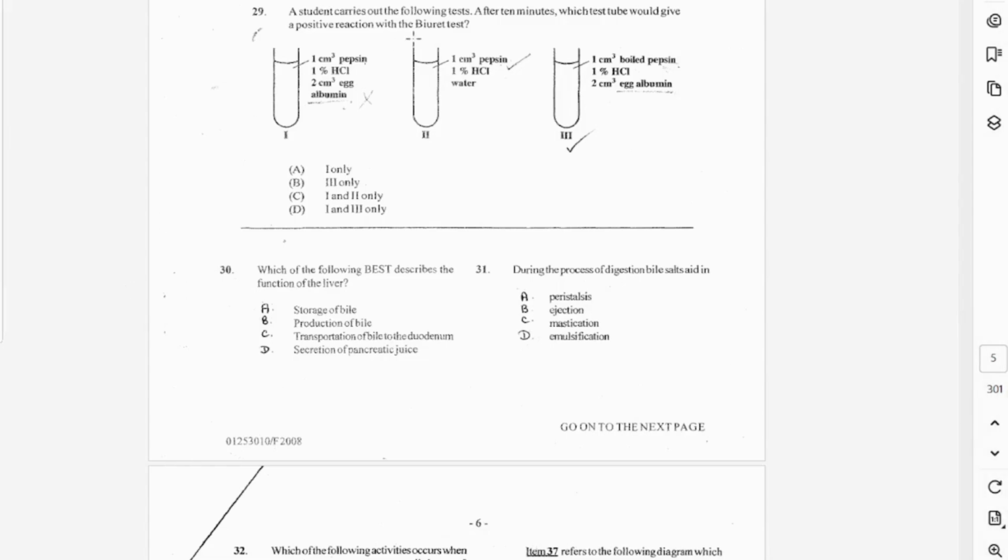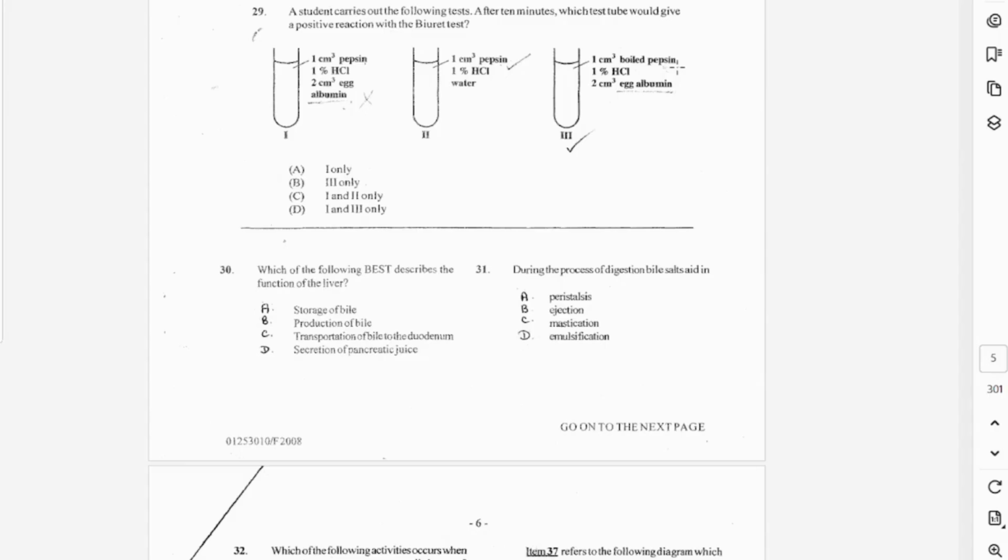So what that means is, in this one, we're not going to have proteins, but in fact, they said 10 minutes, so we're assuming by that time, the 2 cm cubes of egg albumin will be broken down completely into shorter polypeptide chains. This one here, you have boiled pepsin. Now, if you could recall, enzymes are very particular, meaning that they work best at a particular temperature. They have their optimum temperature, they also have their optimum pH.